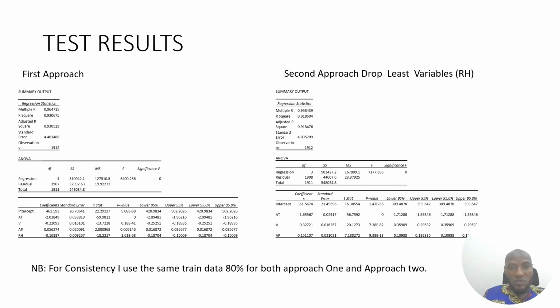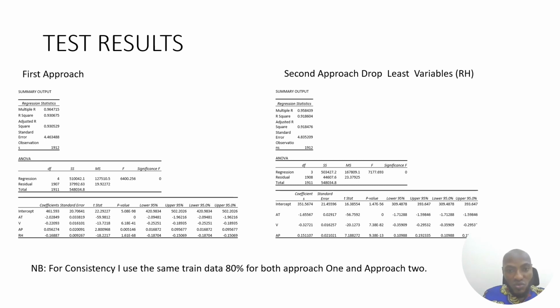So for the second approach, for consistency's sake, I use the same 80% data for both approach 1 and approach 2. So I dropped RH, because it is the least, and then reran it in Excel.